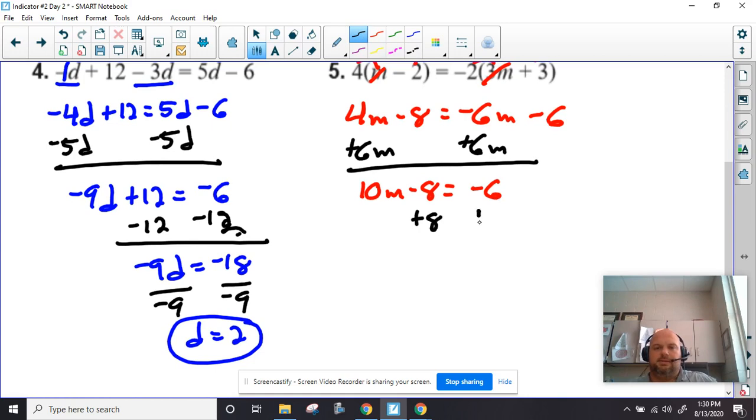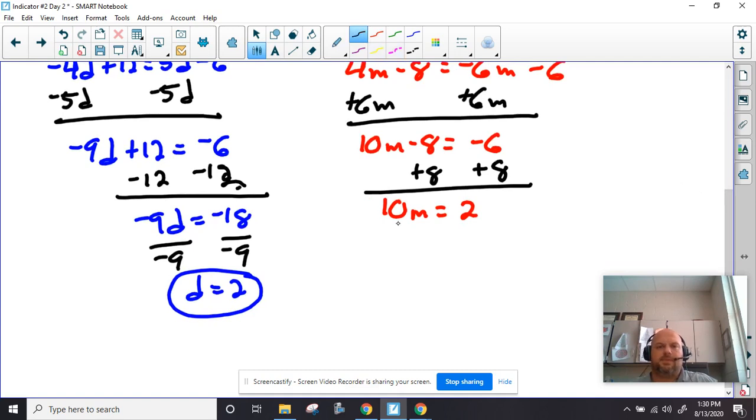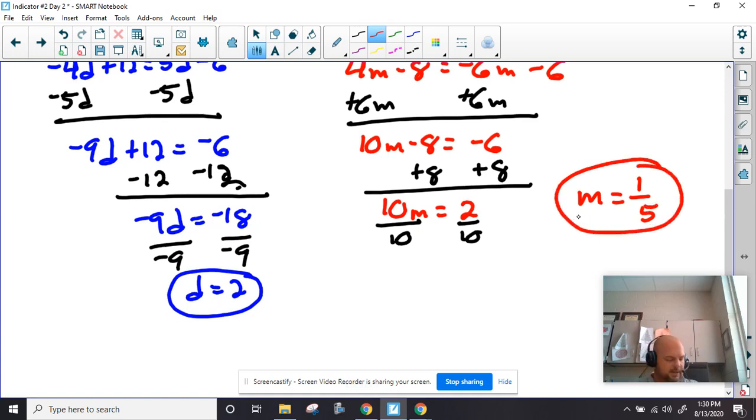So I'm going to add 8 to both sides. I get 2. Now, when you divide by 10, this is going to reduce down to 1 over 5. 2 over 10 as a fraction reduces down to 1 over 5. So we're going to leave it like that.